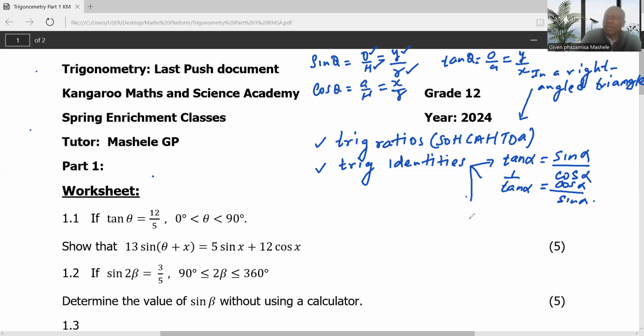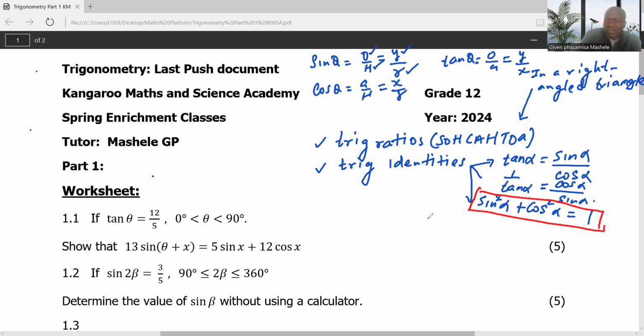And sine squared, this is a squared identity: sine squared of an angle plus cos squared of an angle is equal to 1. Within these squared identities, we can manipulate the expression, depending on what we are looking for. So let's say we want to make sine squared the subject of the formula.